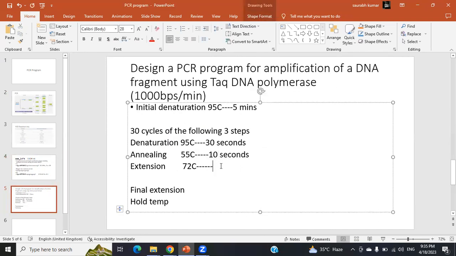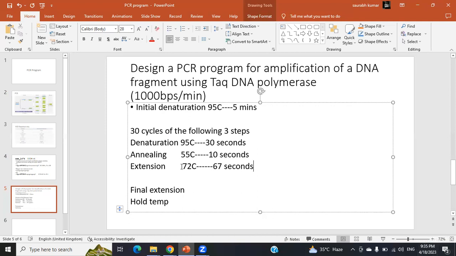So I need to calculate how much extension time I need for 1104 base pairs. So you just need to calculate that it is 1 minute for 1000 base pairs. Then how much do you need for 1104 base pairs by cross multiplication? And this comes out to 67 seconds.